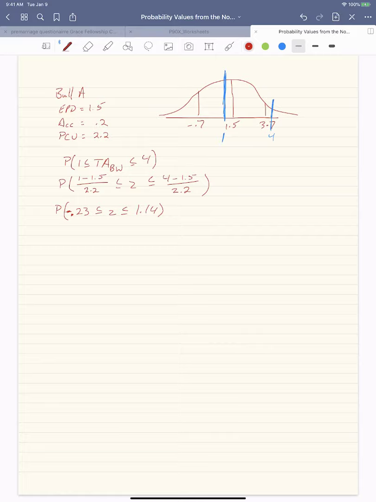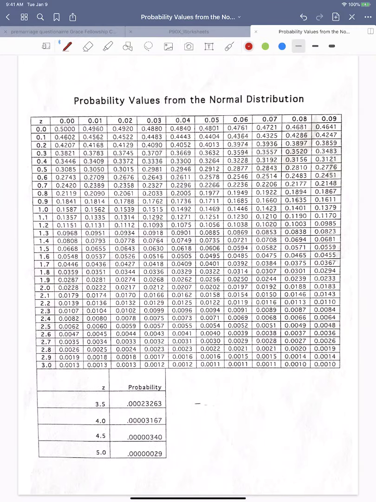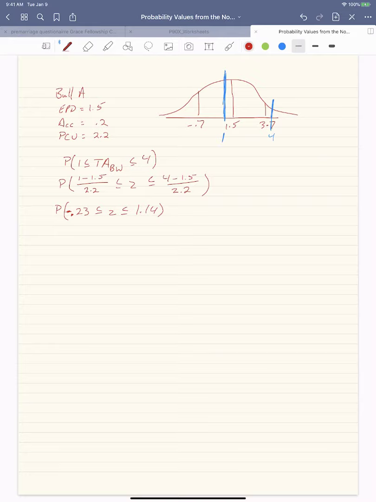So when we look at the z-score of negative 0.23, remember we're looking at the positive version of it. So we come to 0.2, which is right here, and 3, we get 0.4090. So the probability that z is greater than or equal to negative 0.23 is... sorry, the p-value of z less than or equal to negative 0.23 is 0.4090.